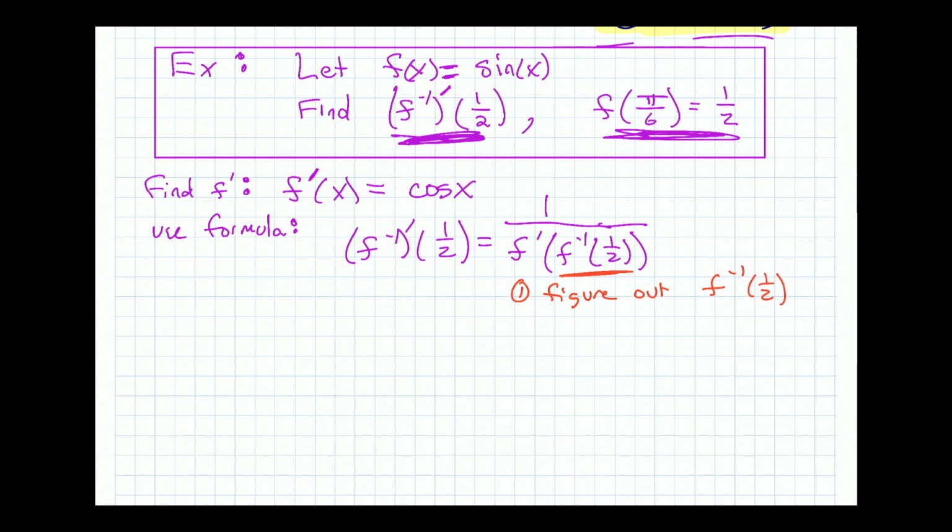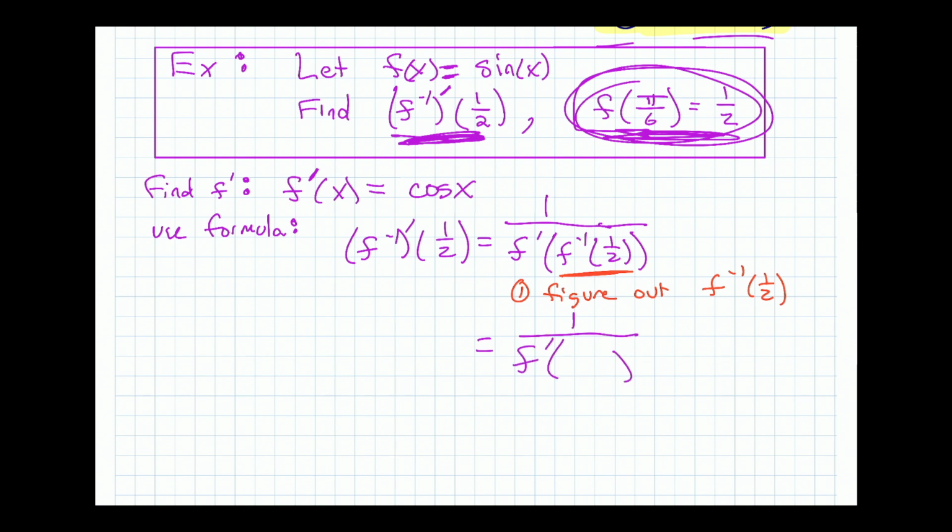Now, you should not have to think very hard, right? The reason you should not have to think very hard is this was given to you, right? F of pi over 6 equals 1/2. So the only two numbers are 1/2 and pi over 6. So you definitely should be able to figure out which one's which there.